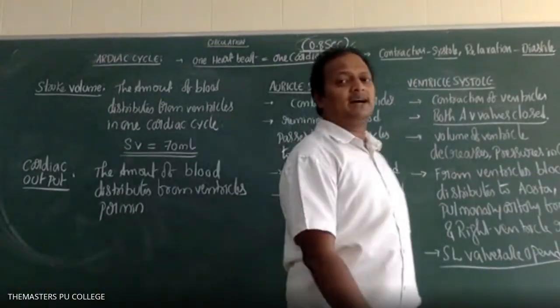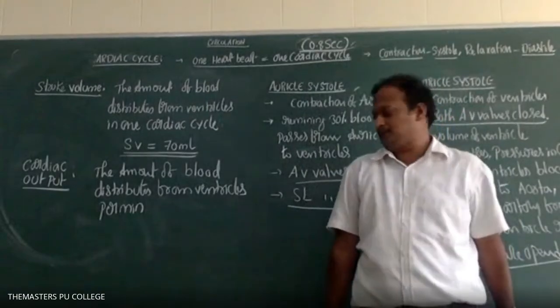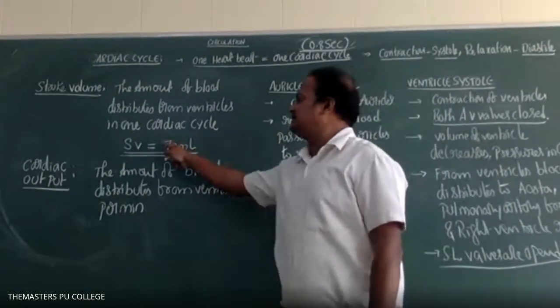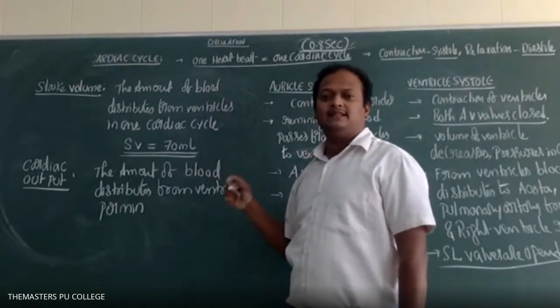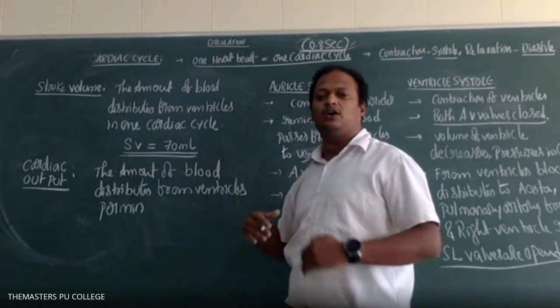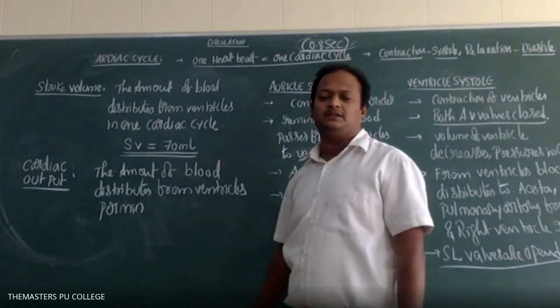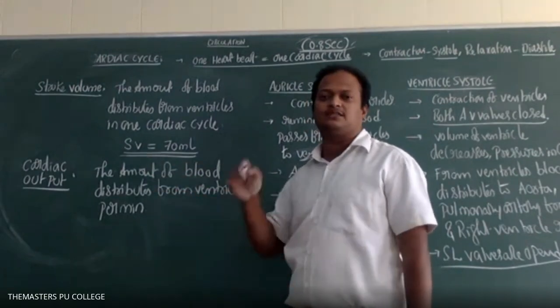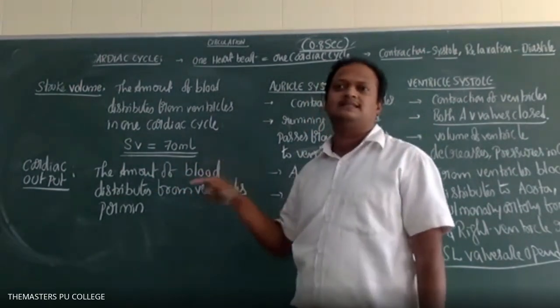Per minute, how many cardiac cycles, students? 72. Very good. In one cardiac cycle, 70 ml of blood. In 72 cardiac cycles, how much blood is distributed? Blood distributed means cardiac output is 72 into 70.